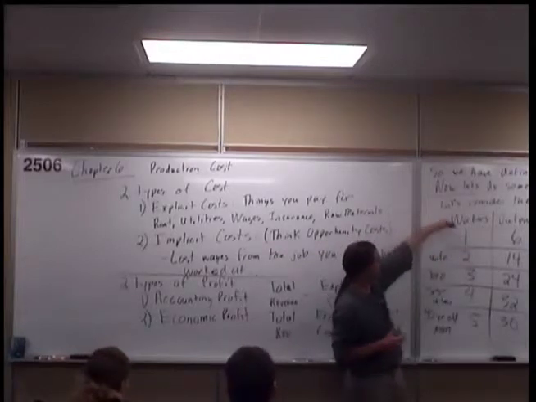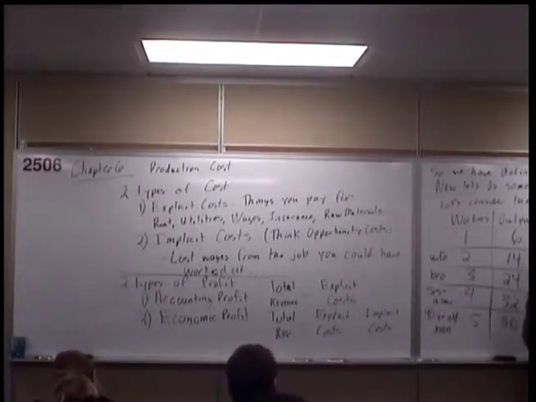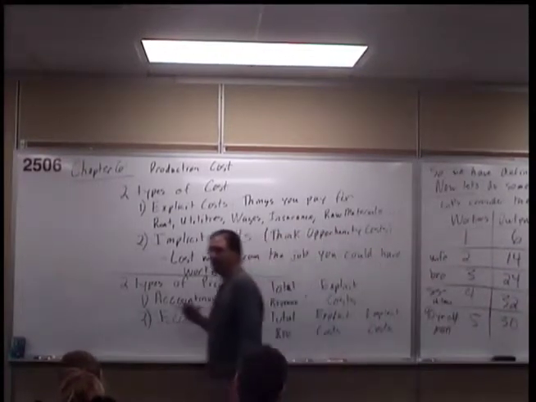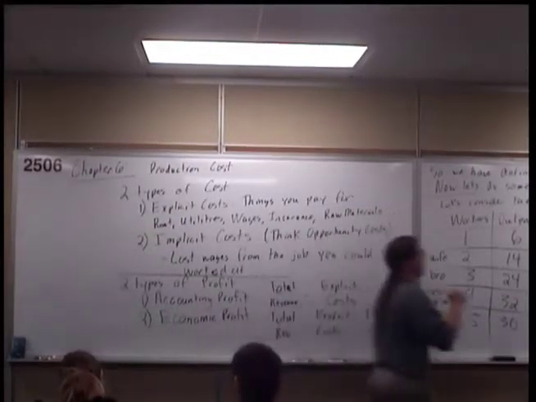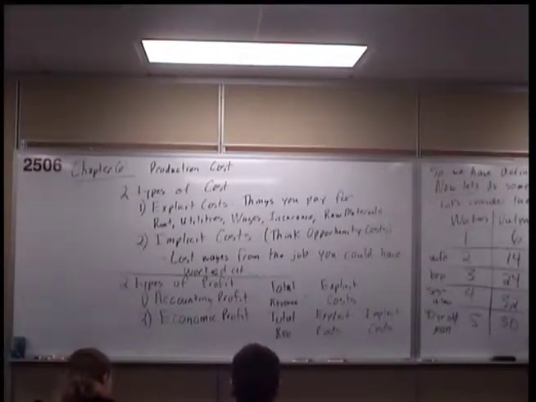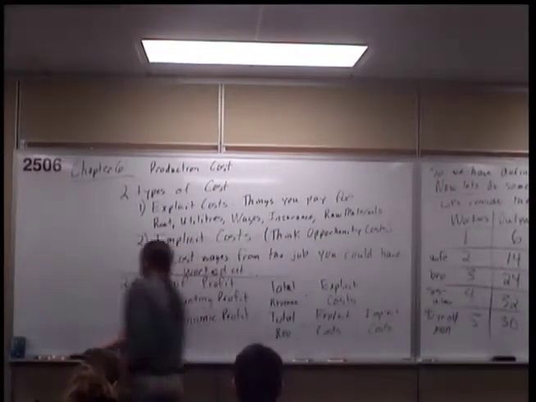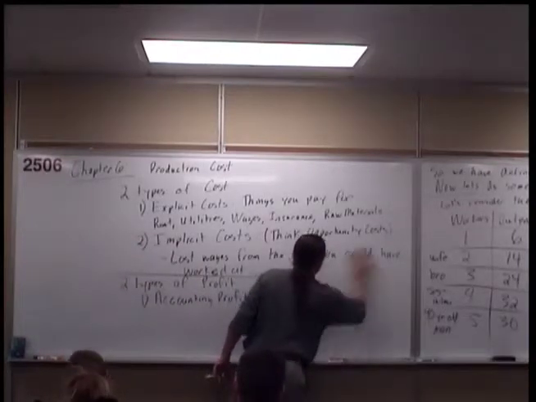Now, the cool thing is that what you do with this is calculate something called the marginal output of your production. We are going to be talking about the term marginal on a regular basis, all right? And marginal is a relatively important term, so I want to make sure that you get it.